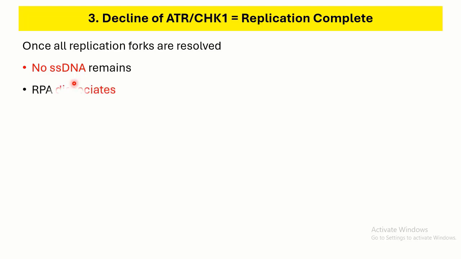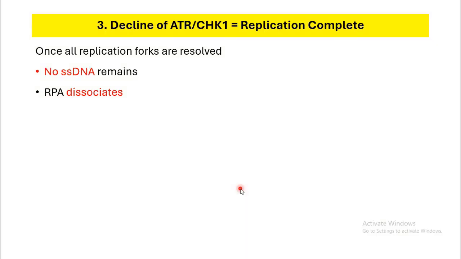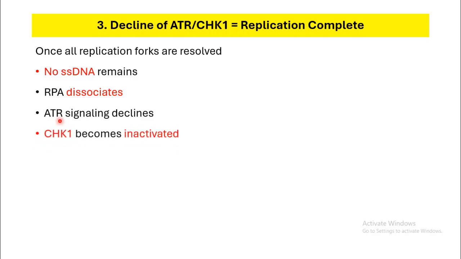When there is no single-stranded DNA, the RPA would not be able to bind to the DNA. When the RPA is not able to bind because there is no single-stranded DNA now, it would not be able to activate the ATR kinase. When the ATR kinase is not activated, the CHK1 is going to become inactivated, because it is the ATR that activates the CHK1 protein.